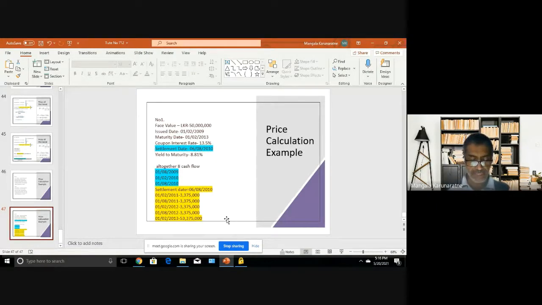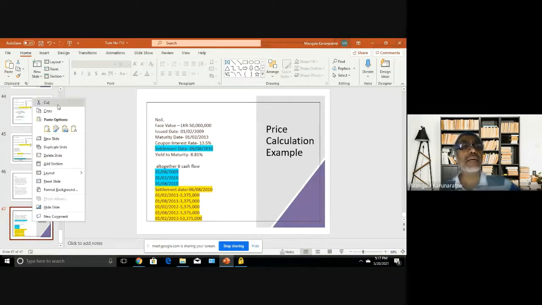Now in this, I will just calculate the n value. And we should know the accrued interest, the number of days for accrued interest, and then to calculate the accrued interest, we should know the number of days in the current coupon period. How many days are there in the current coupon period? Can everyone calculate this? It's easy.